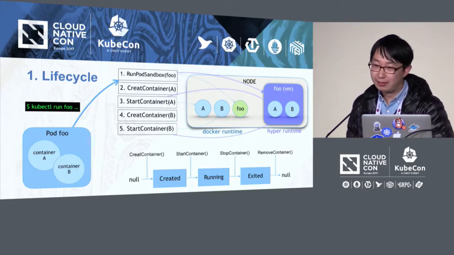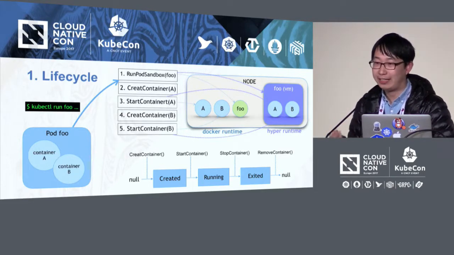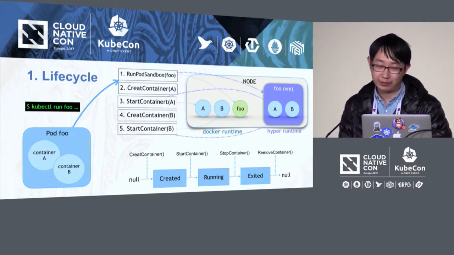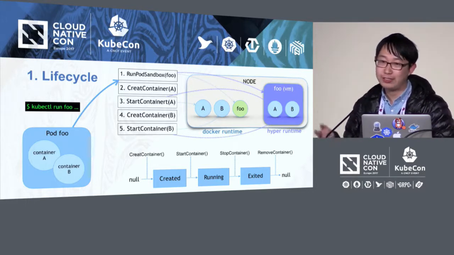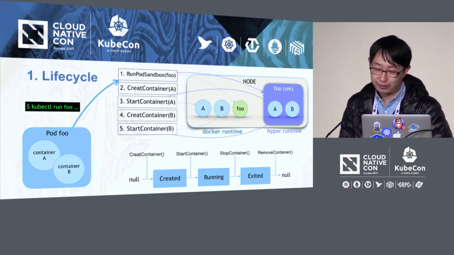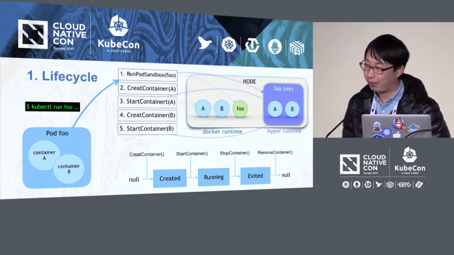The run pod sandbox in Docker actually maps to starting a special container named the infra container. This container is used to hold the network namespace of the whole pod. Then you will call Docker to start 2 containers for you, and then join those 2 containers to the network namespace of the infra container. So that's how it works. You can see here, you will actually start 3 containers for this pod, right?